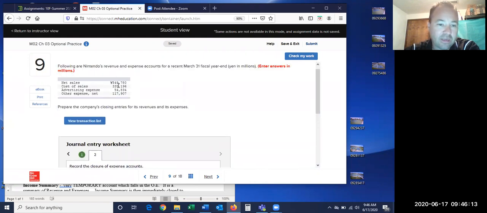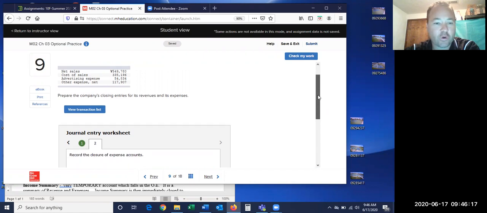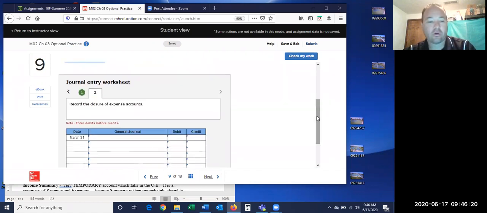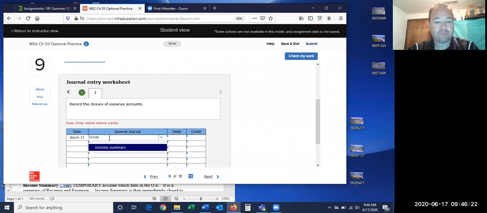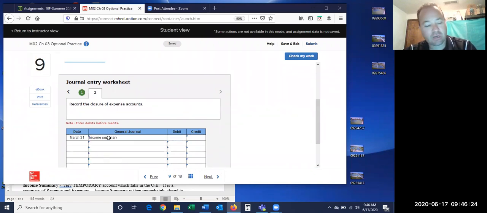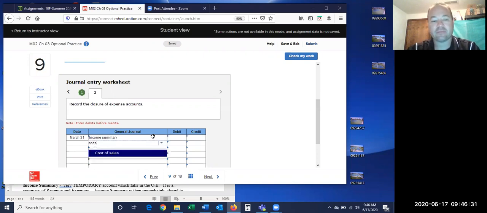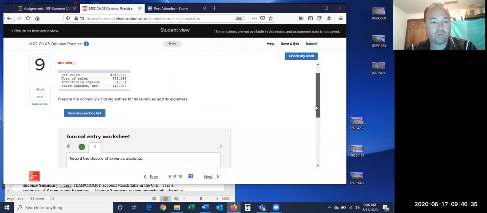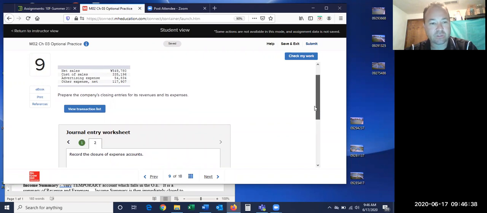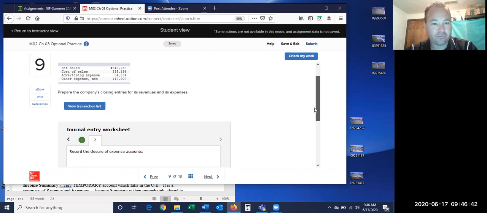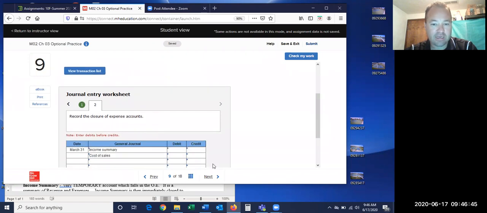All of our expenses have debit balances, so we need to credit those. And we are going to debit our income summary. But if you remember from our practice, we don't really know what the income summary amount is going to be, so I'm going to temporarily leave that blank. We'll come back and fill that in with the total once we're done with all these credits. So first, we're going to credit to get rid of our cost of sales of $335,196.